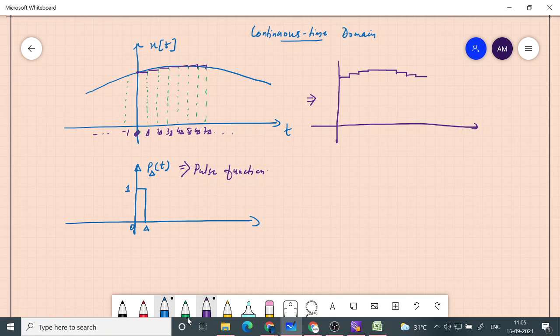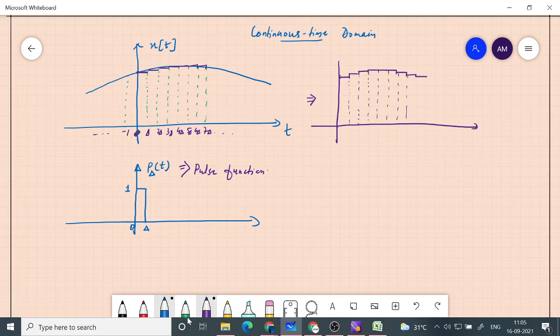If the function is decreasing, my step will be like this. If the function is increasing, it will have this. Whatever was the value at the beginning of that slice is maintained. The function will be changing during that step, but I maintain the value I sensed at the beginning.